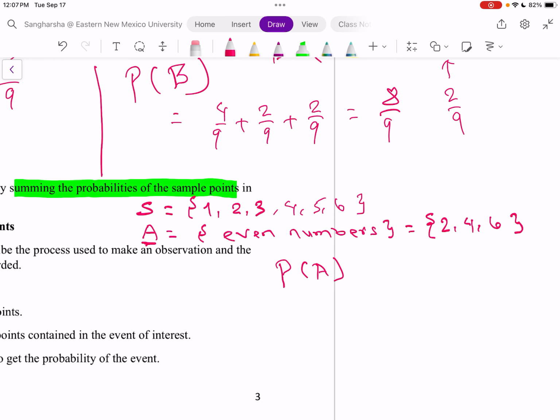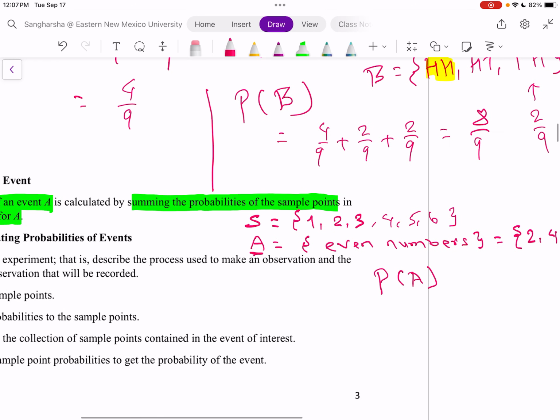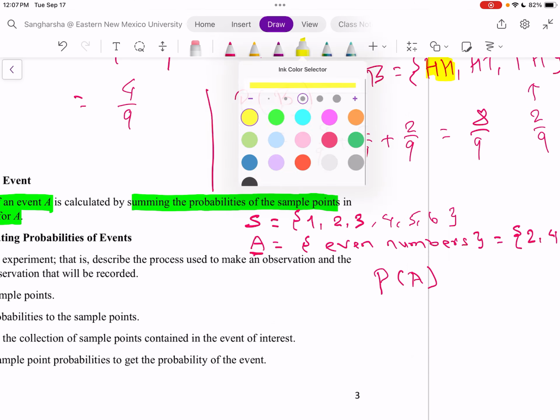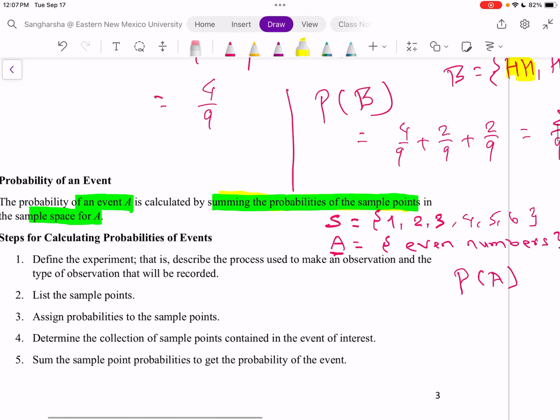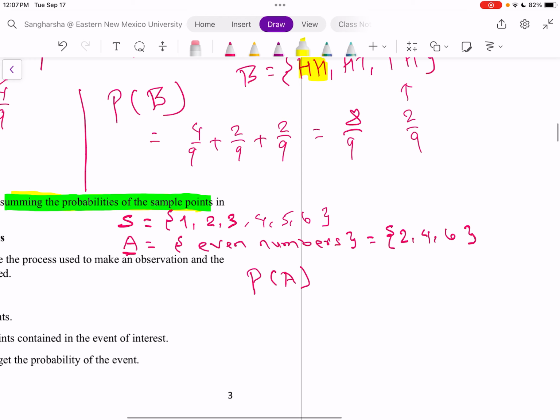The probability of event A is the sum of the probabilities of the sample points in the event A. We find the probability of each sample point of this event A and we add those probabilities and we get the probability of event A.